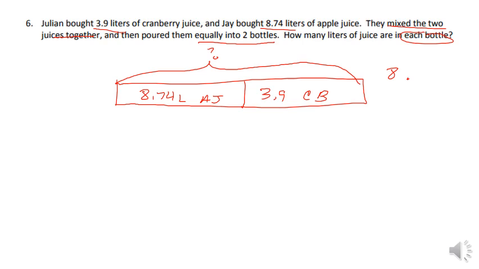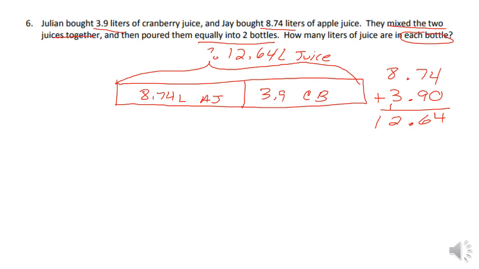So we have 8 and 74/100, and we have 3 and 9/10. Now I lined up my decimals, I lined up my place values, I'm putting a place value holder in, and 4 plus 0 is 4, 7 plus 9 is 16, carry my 1, 8 and 3 is 11, plus 1 is 12. So I know we have a total of 12.64 liters of juice.